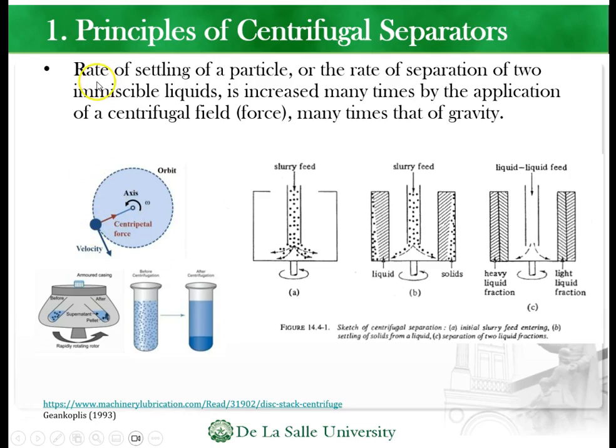We can see here that the rate of settling of a particle, or the rate of separation of two immiscible liquids, is increased many times by the application of the centrifugal field or centrifugal force, much more than that of gravity. Because of course, you will apply many times gravity for that. For the parts, of course, the liquid that is on top is what you call the supernatant liquid.